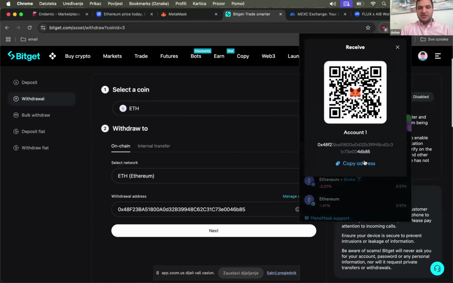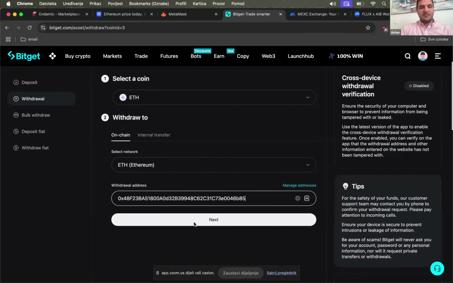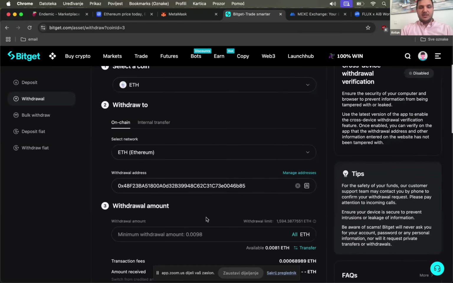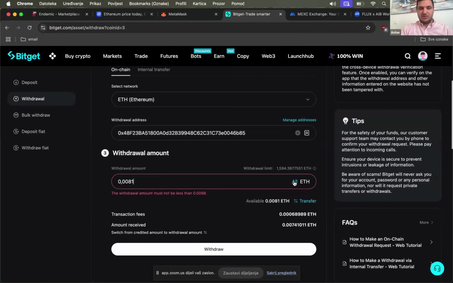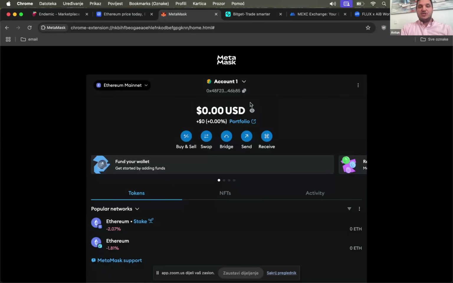Once you press receive, you can double check that this is in fact the exact address that we were using before, that this is for our wallet, so we can send the Ethereum that we want to this wallet. Once we accept that, it will ask us for the amount. I can easily go now and correct that. I will have to add a few more to that. But anyway, once you press that, it will get back to your wallet and show you that you have the necessary funds here.